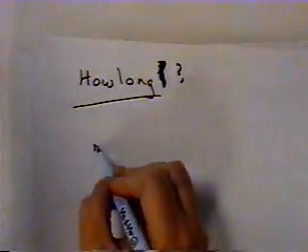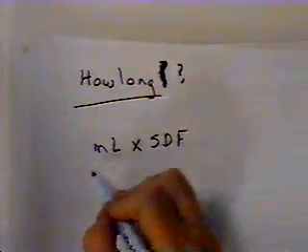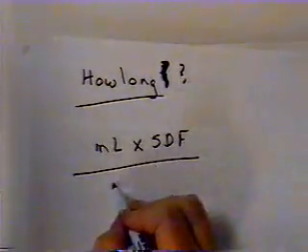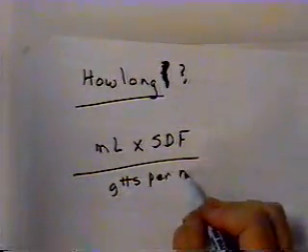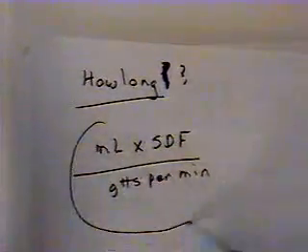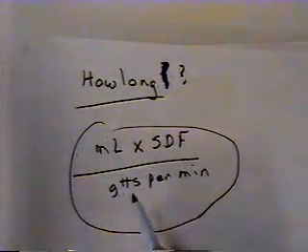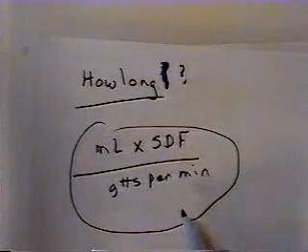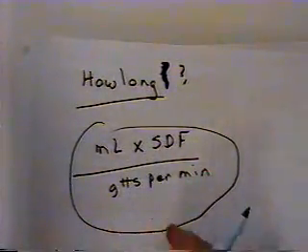This time we take the milliliters times the drop factor divided by the drops per minute. Our normal one was milliliters times drop factor divided by 60 minutes. Now it's milliliters times drop factor divided by drops per minute.